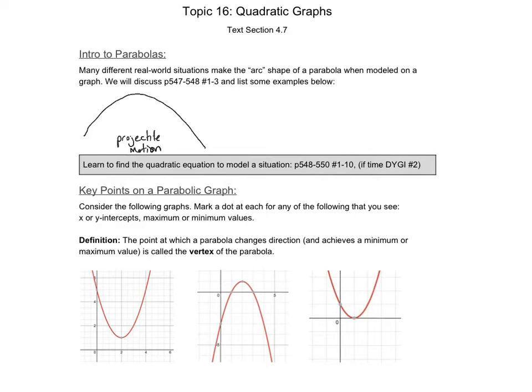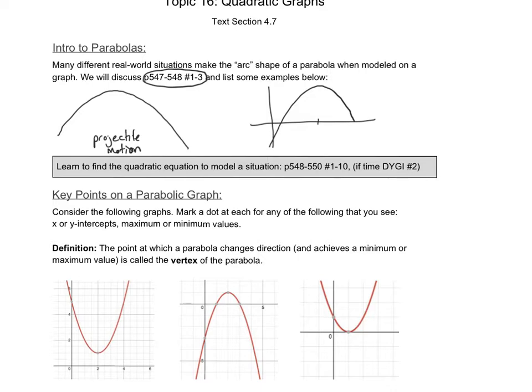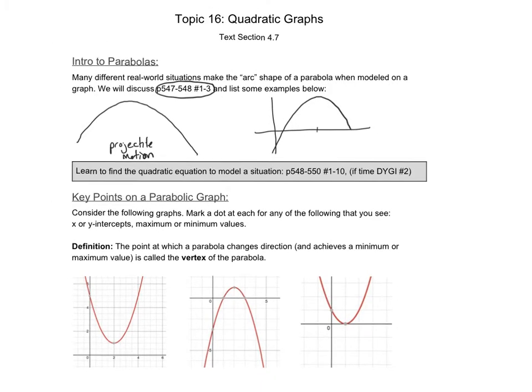We also see this happen when we have a profit model. We talk about this a little bit on pages 548 and 547 in your book. So this is a good thing to pause and go watch the video for. One of the things that happens when you produce items is that there's this ideal number of items to maximize the profit.